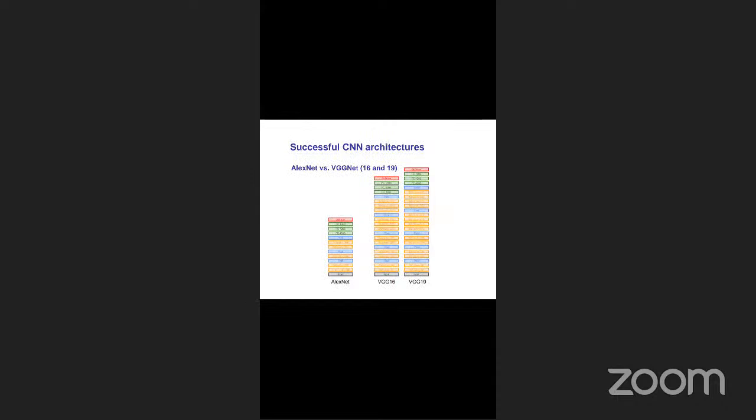This is the difference between the AlexNet model and VGGNet. We can see here the AlexNet has very few layers. In VGG16, we have 16 layers, and in VGG19, we have 19 layers.